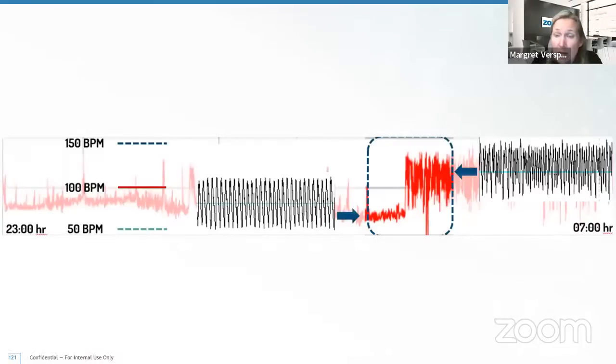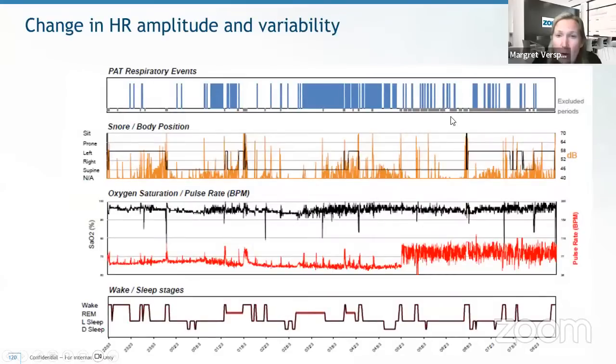When we look in the raw data, we see that in the beginning, when the heart rhythm is stable, a very nice, very stable sinus rhythm. Then when this change in heart rate starts, we see a very irregular heart rate. This patient is familiar with paroxysmal AFib. When we look back in the report, we see that just before this period there is a whole block of events scored by the algorithm.